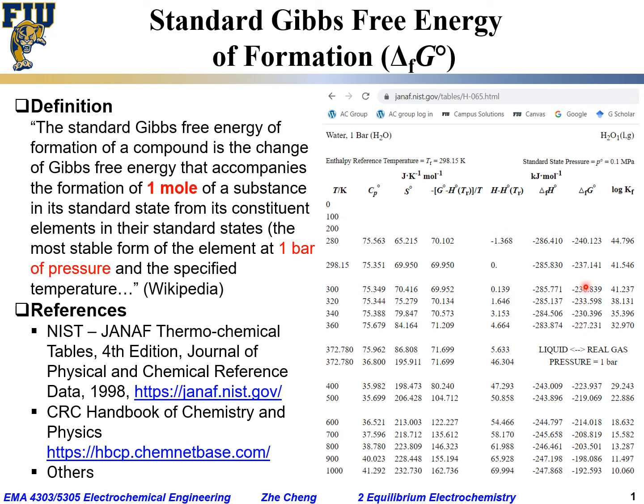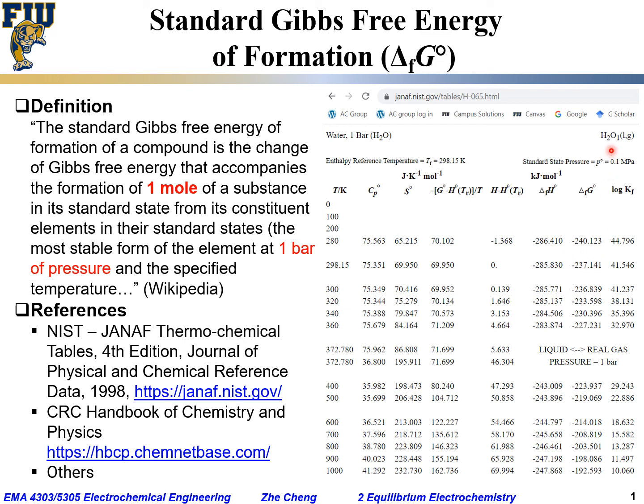And for water, you see at 298 Kelvin, it's a very negative number in the unit of kilojoules per mole, which means you form liquid water from the standard state hydrogen gas and oxygen gas, and this is the amount of Gibbs free energy that got released in this process.